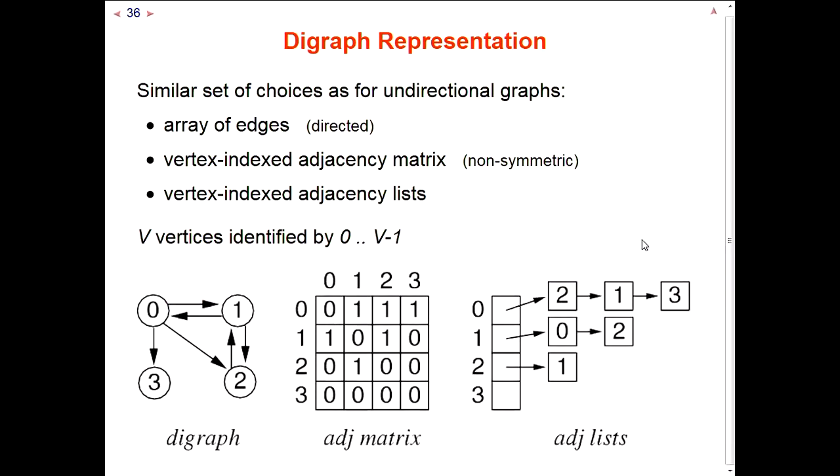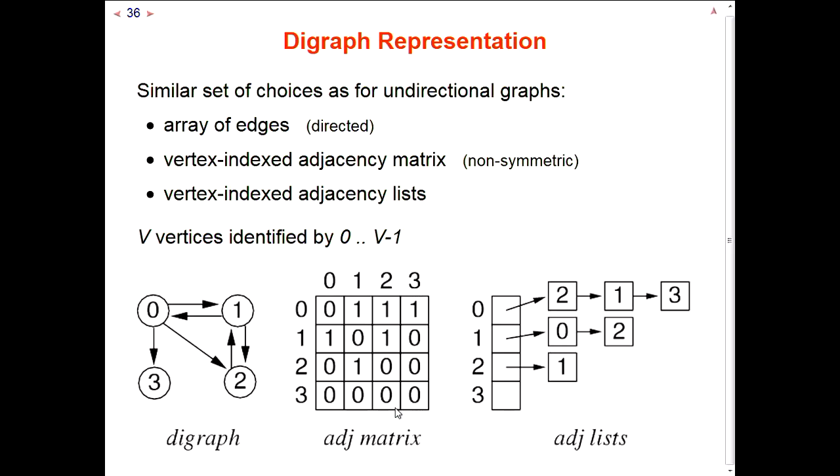Now, with regard to representation, we have a similar set of choices as for undirected graphs. We can use an array of edges, but now they must be directed. We can use a vertex indexed adjacency matrix. If you look at this digraph, then that is the adjacency matrix that corresponds to all the directed edges.